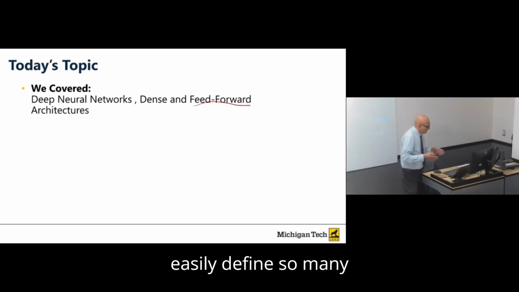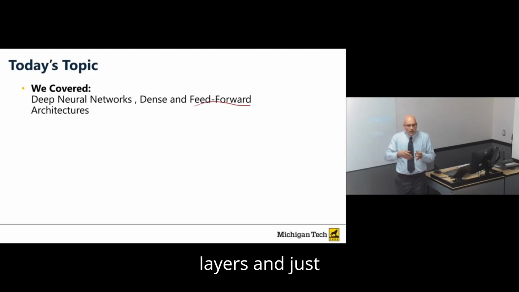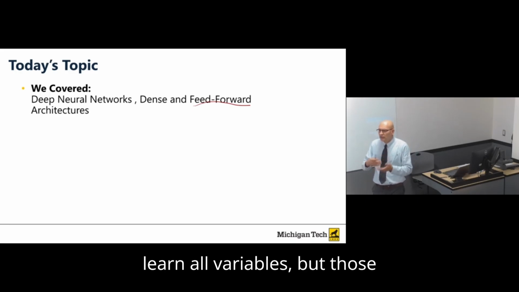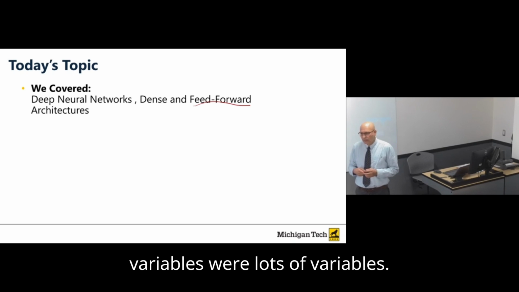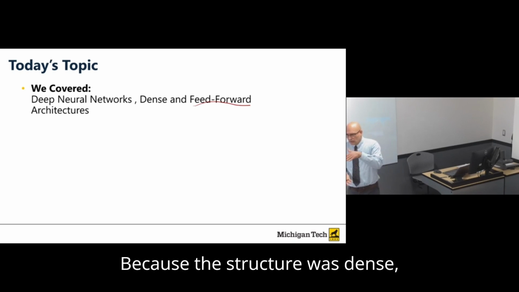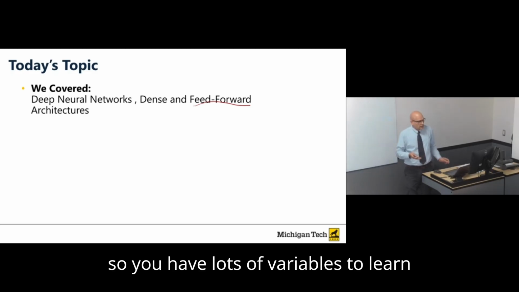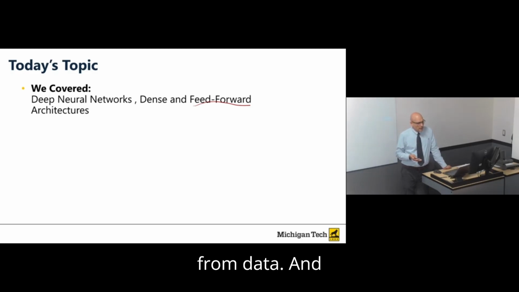You could easily define so many layers, give input data, and learn all the variables, but there were a lot of variables because the structure was dense, so you have lots of variables to learn from data.